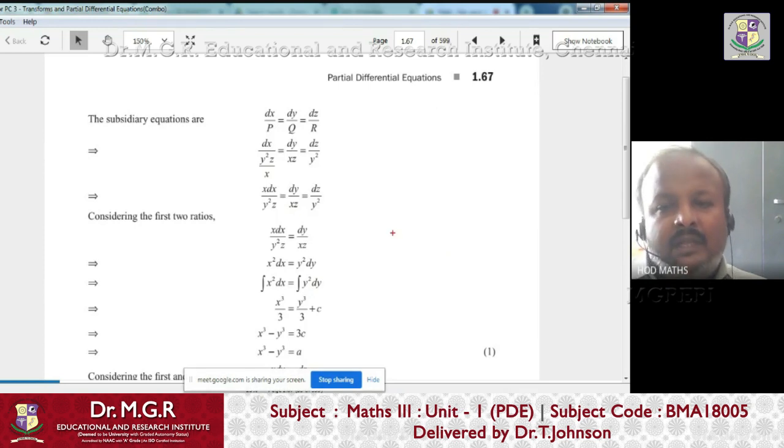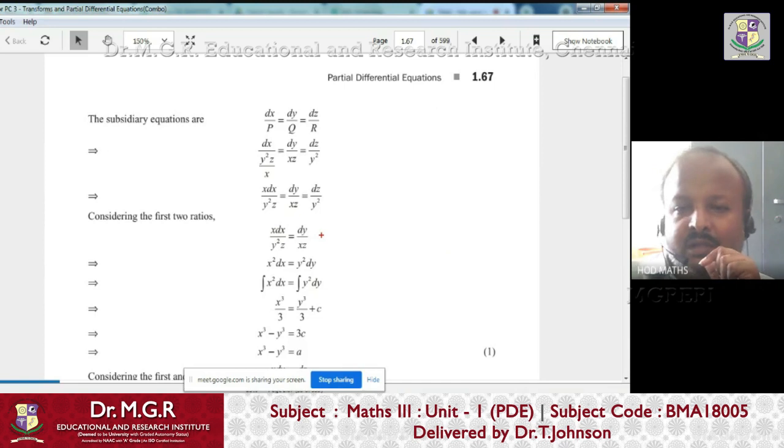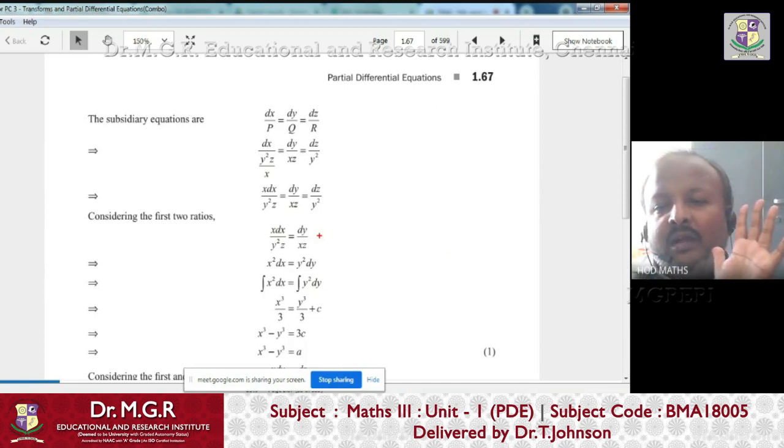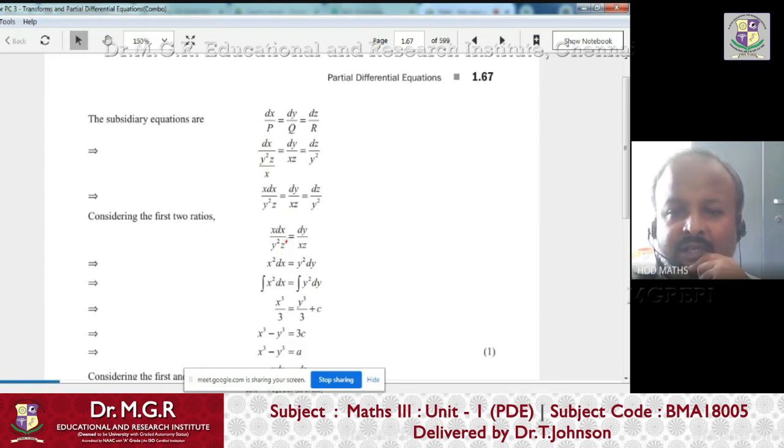So what is my intention? I need x terms with x dx and y terms with dy. So I don't want z terms, because there is no dz here when I take only 1 and 2. So here, fortunately, we can cancel z's on both sides. Another thing, fortunately, we can separate x and y on the left hand side and right hand side.